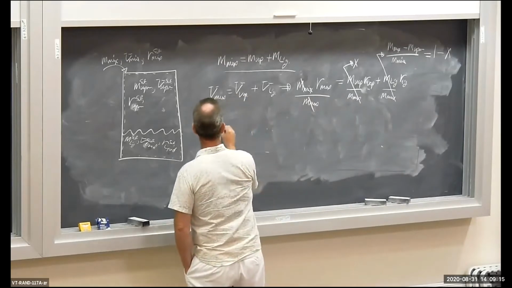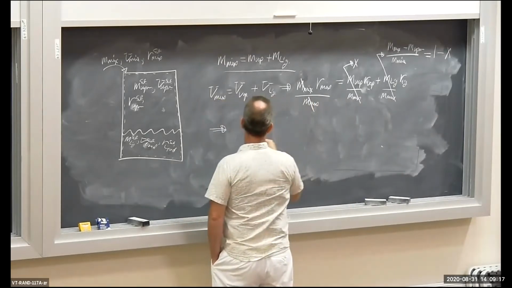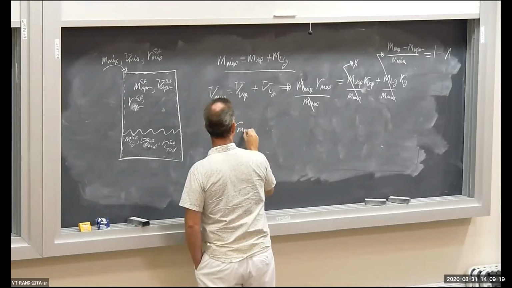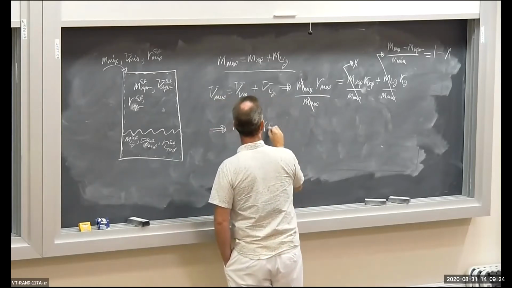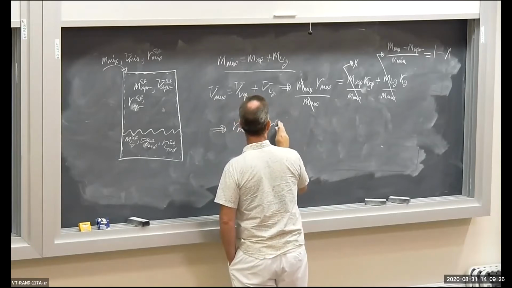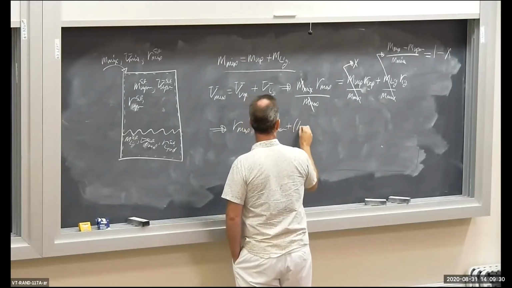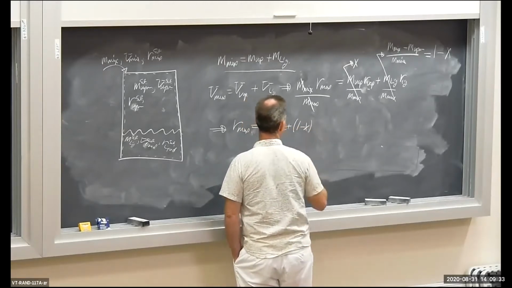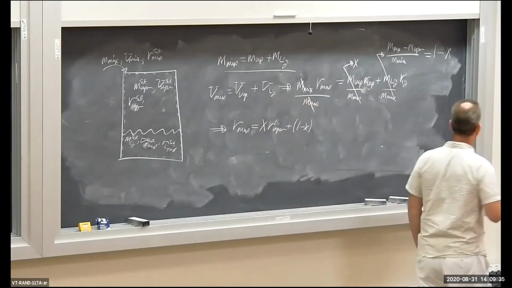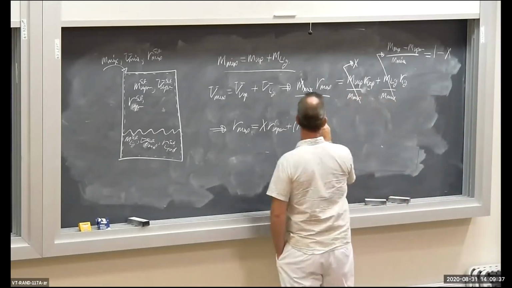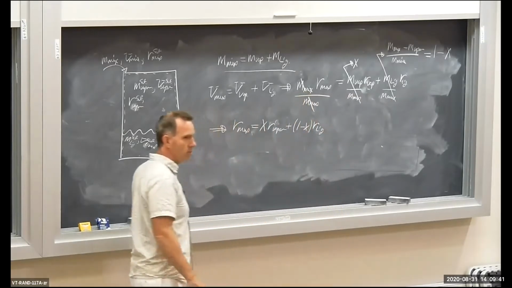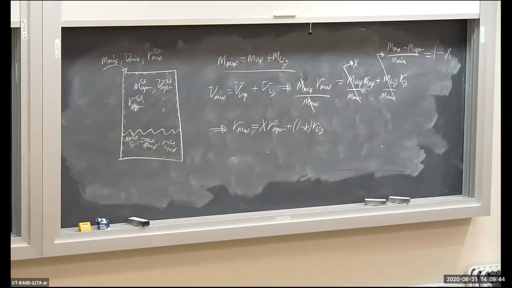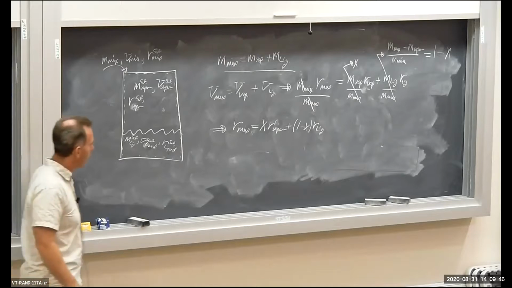Let's collect terms and see what we get. The specific volume for the saturated mixture is equal to the quality times the specific volume of the saturated vapor plus 1 minus the quality times the specific volume of the saturated liquid. Let's massage this a little bit more.